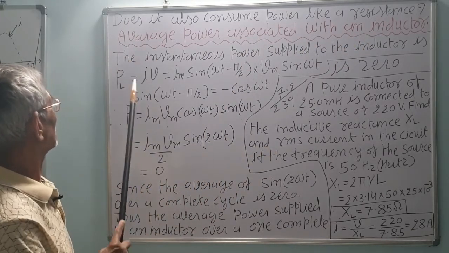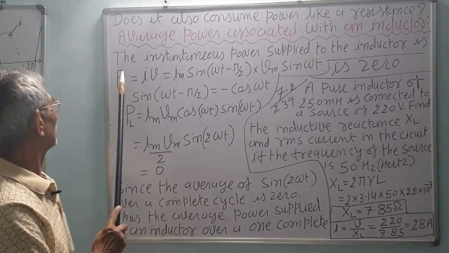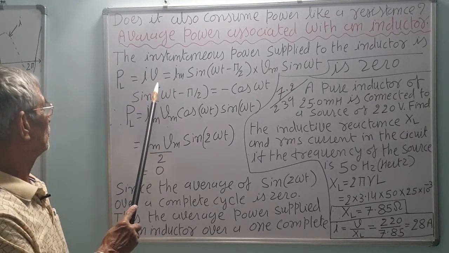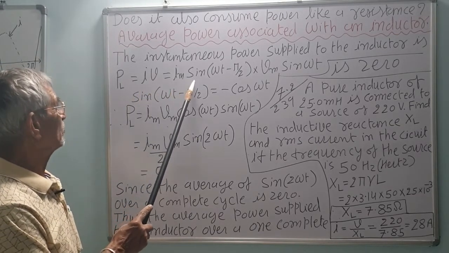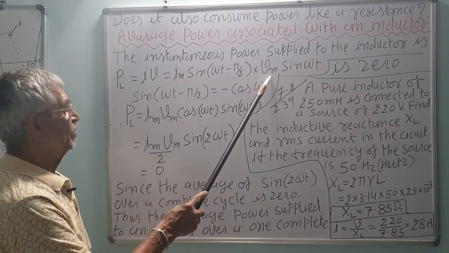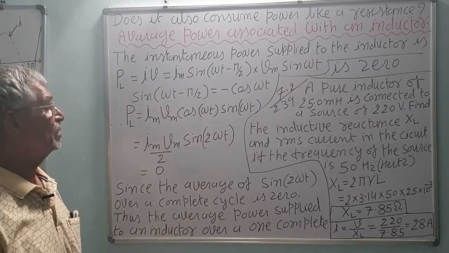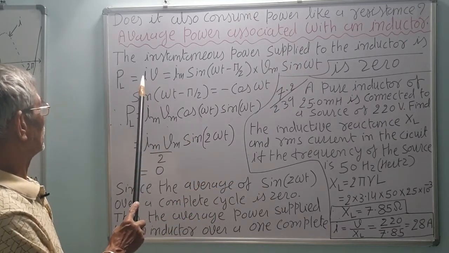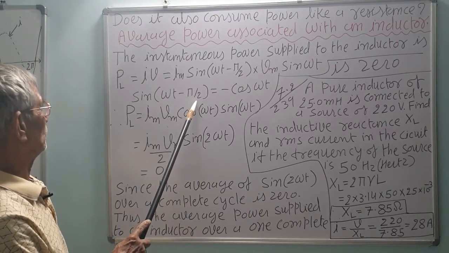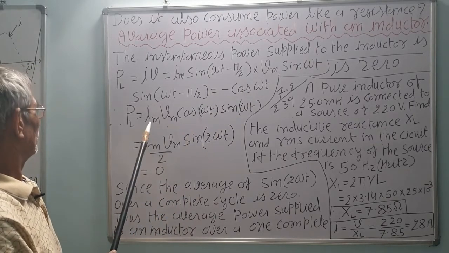can be calculated as under. The instantaneous power supplied to the inductor is given by P equal to current into potential difference, I into V. I is equal to Im sin(omega t minus pi by 2) and V is Vm sin omega t, correct? These are the instantaneous voltage and current. So sin(omega t minus pi by 2) is equal to minus cos omega t.